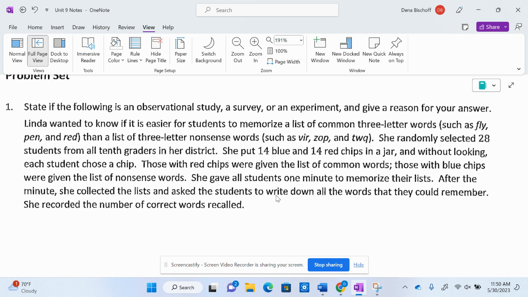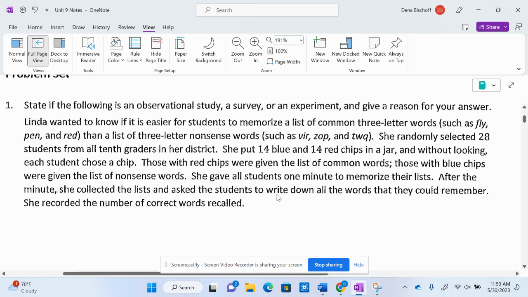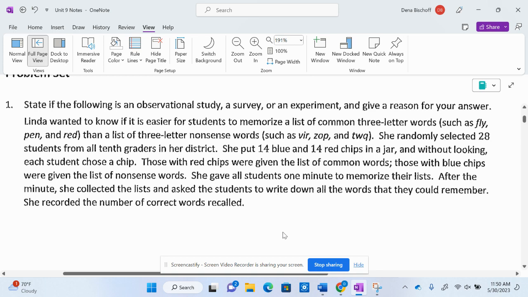So Linda wanted to know if it was easier for students to memorize a list of common three-letter words, such as fly, pen, and red, or a list of three-letter nonsense words, such as VAR, ZAP, and TWQ. So I think that's ZOP. Who cares? She randomly selected 28 students from all of the 10th graders in her district.